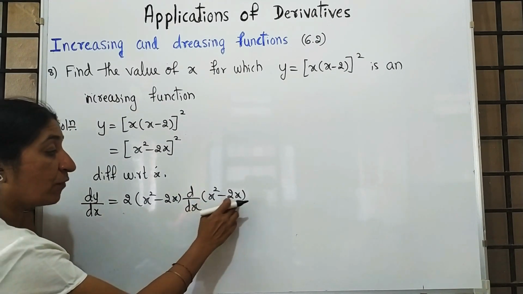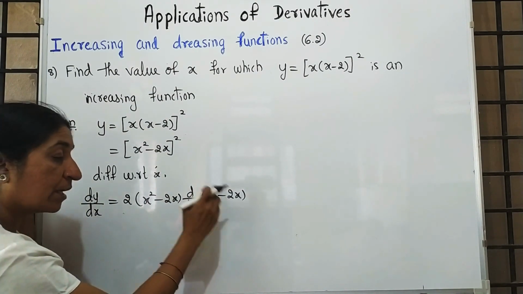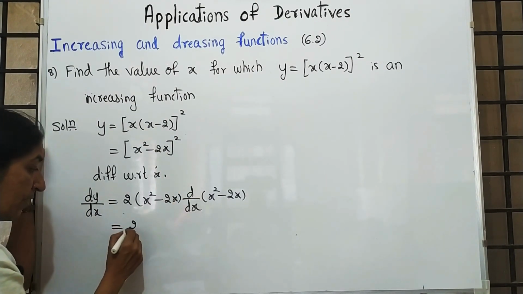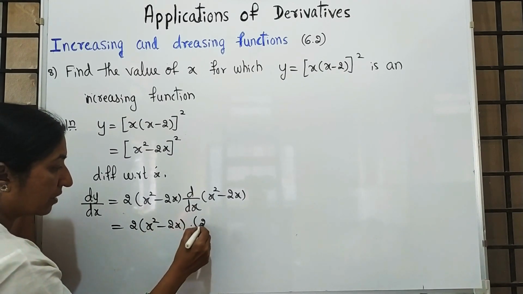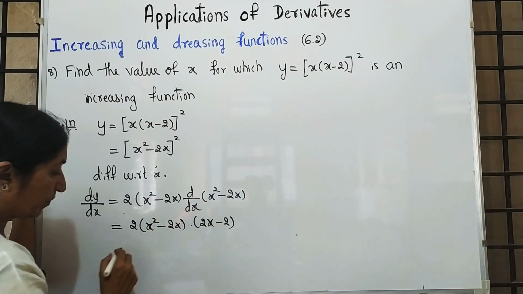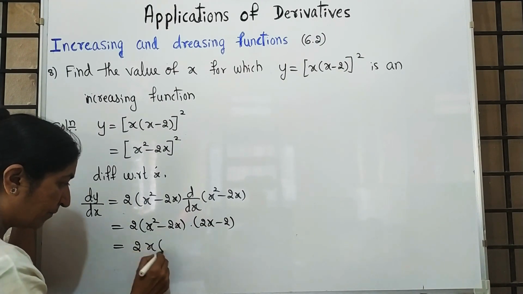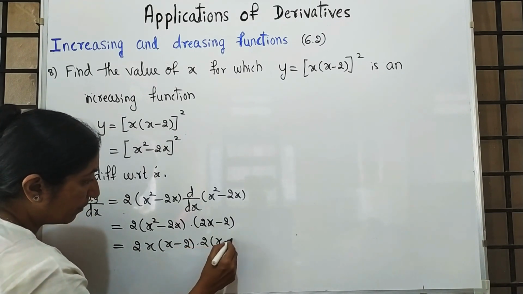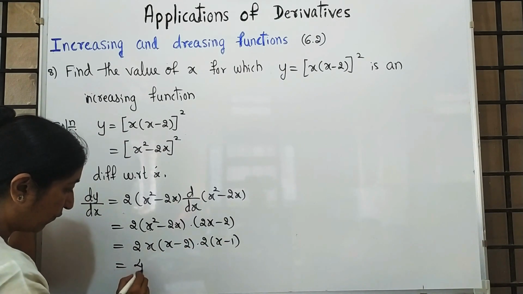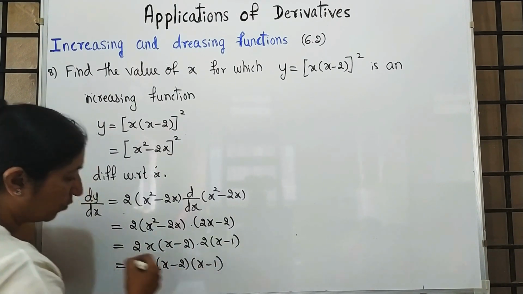Because these values are not 1, they are other than 1. It is 2 into x square minus 2x, this is 2x minus 2. And for our convenience, here I took x common, x minus 2, and here I took 2 common, x minus 1. So we got 4x into x minus 2 into x minus 1.